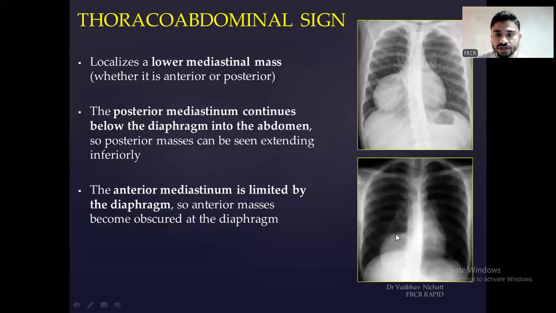That means the lesion is situated in the posterior mediastinum. The anterior mediastinum is limited by the diaphragm, so anterior masses become obscured at the level of diaphragm. So this is the anterior mediastinal mass because it is ending and the border is not clearly visualized below the right dome of diaphragm. So this is the anterior mediastinal mass and this is the posterior mediastinal mass. This is one part of thoracoabdominal sign.